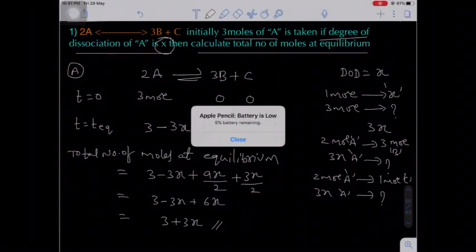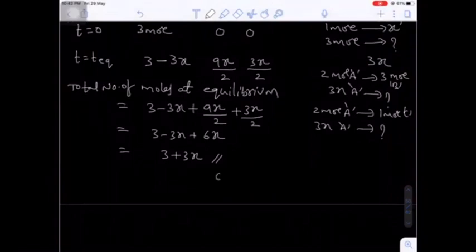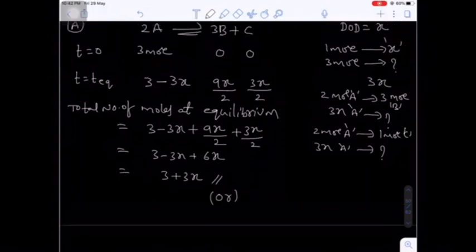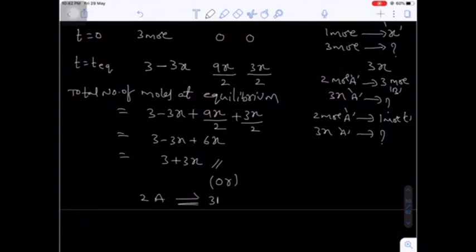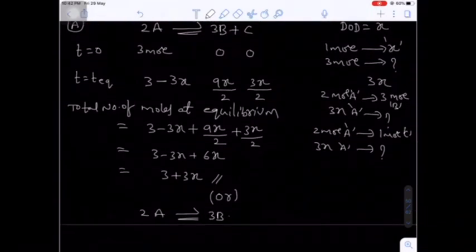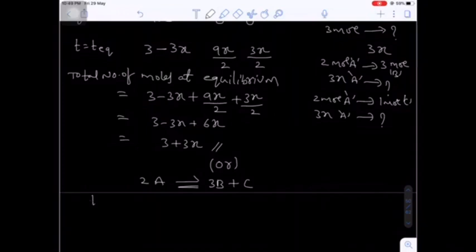Now I am calculating the same problem by a different method. Once again I am writing the equation: 2A gives 3B plus C. Initially, how many moles of reactant are given to you? 3 moles.